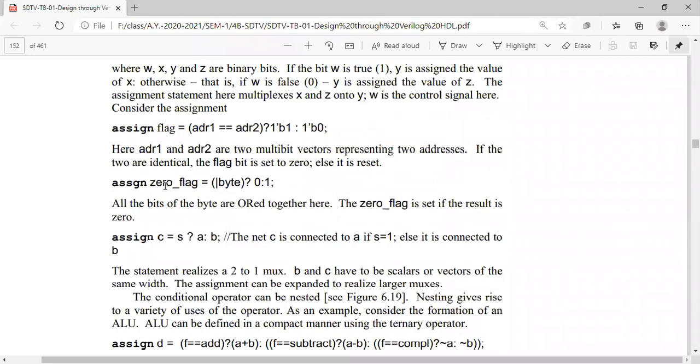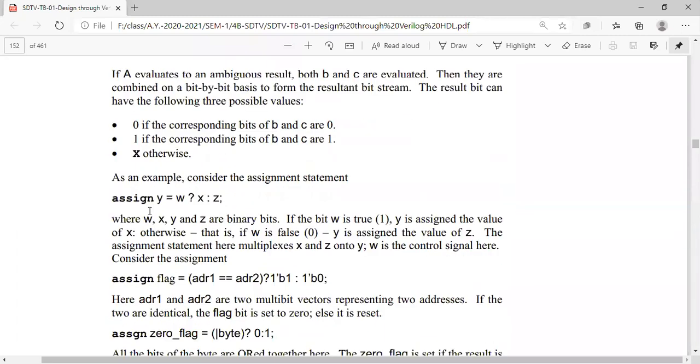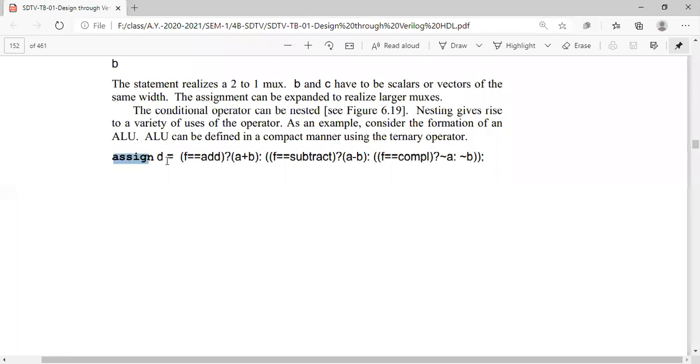Using this assign with ternary operators, we can write small ALUs within a single statement, right? Assign D is equal to, F is the function, right? F is a function which is used to choose the particular operation.